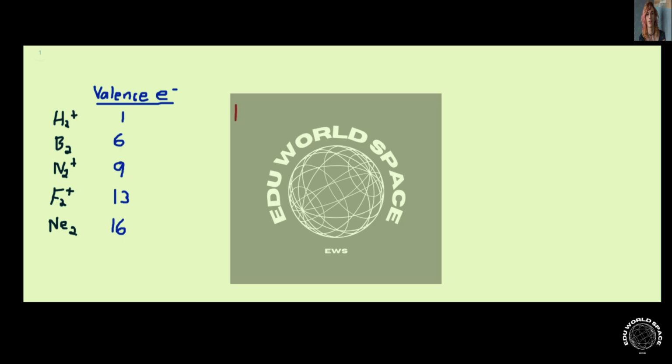So let's look. First, let's draw our stable molecules, H2, F2 and so on. Let's start with the ions. Draw what our ground state ions are going to look like.